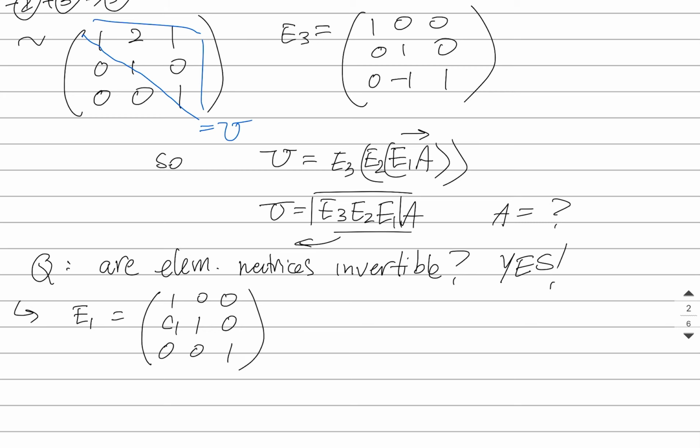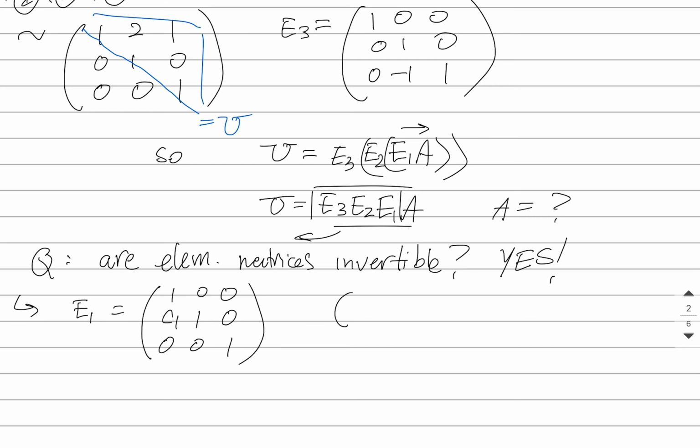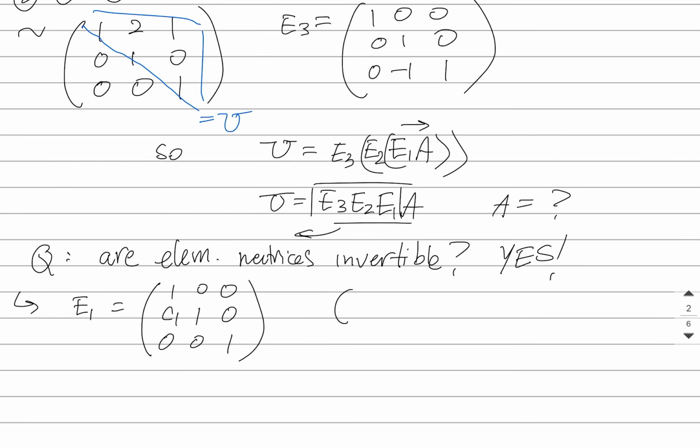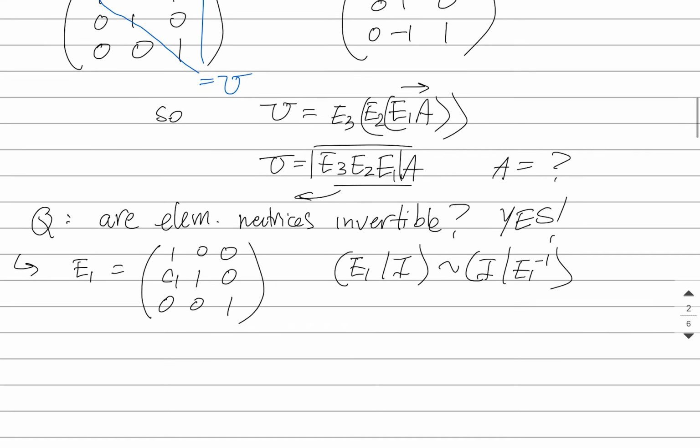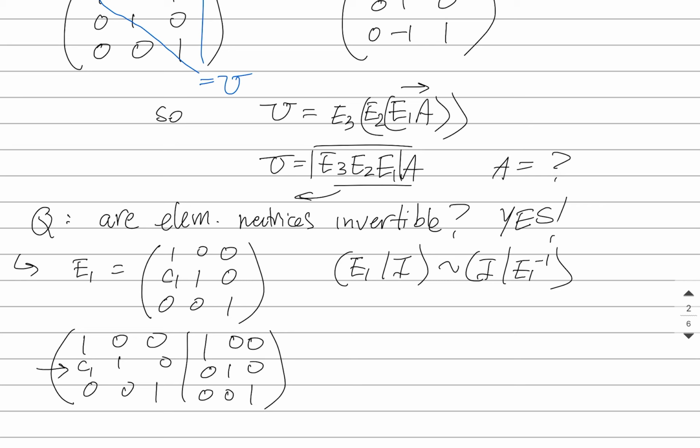If we have some elementary matrix that looked like this, and we wanted to find its inverse, remember the inversion algorithm, right? What we do is we take this, augment it with the identity, and then we ask, what do we need to do to reduce it to the identity on the left? So if I were to take this, 1, 0, 0, C1, 1, 0, 0, 0, 1, and put the identity matrix here, we can see, hopefully clearly, that the only thing we need to do is to create a 0 down there.